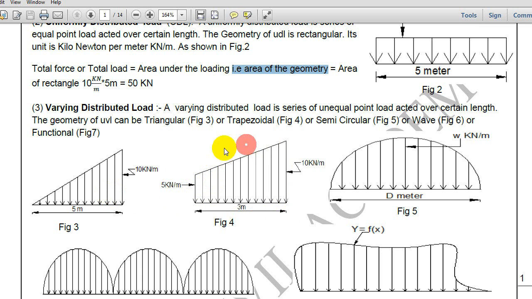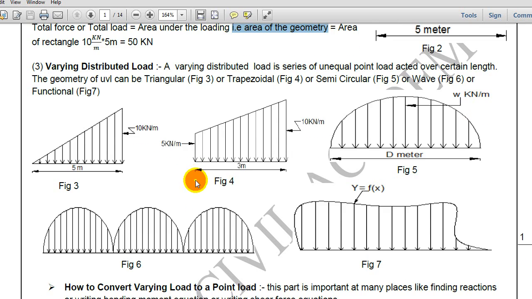Similarly, for trapezoidal loading, the magnitude of the load is 10 kilonewton per meter here, and then it is decreasing gradually to 5 kilonewton per meter here. So the total load will be the area under this, which is half of 10 into 5 into 3, which is the area of the trapezoid.